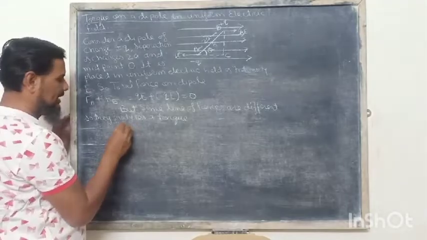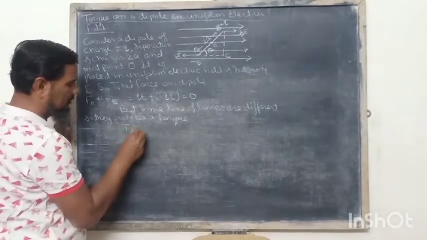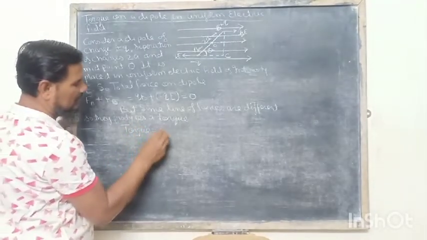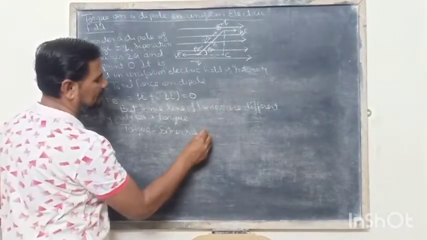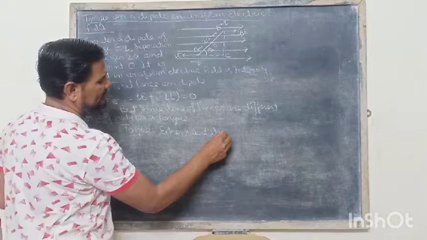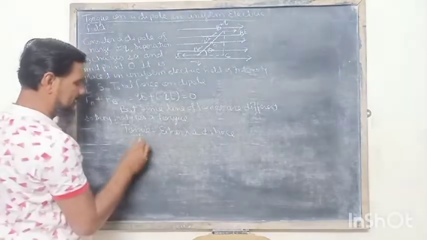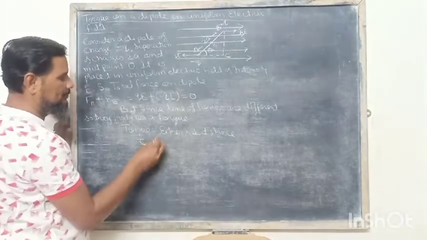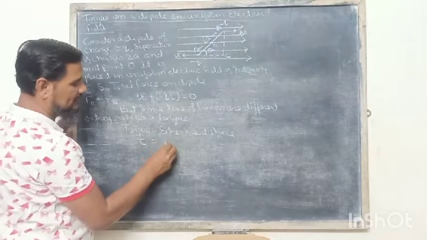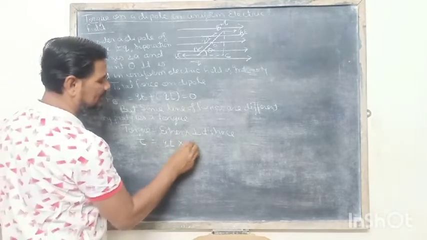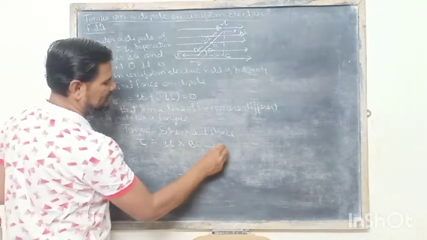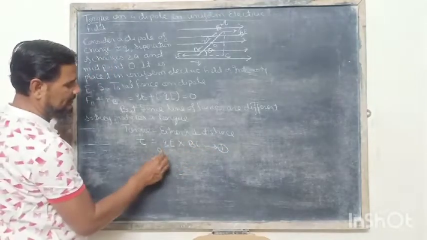According to the definition of torque, torque is equal to either force into the perpendicular distance between the forces. Rho is the symbol for the perpendicular distance. Either force is qE and the perpendicular distance is BC. This is equation number 1.